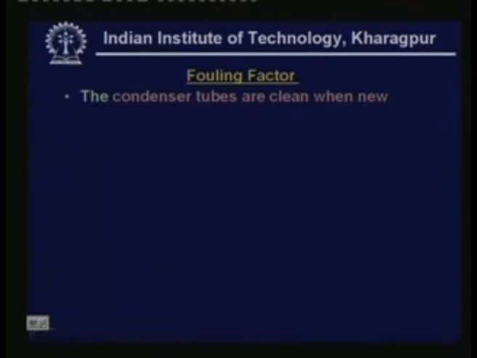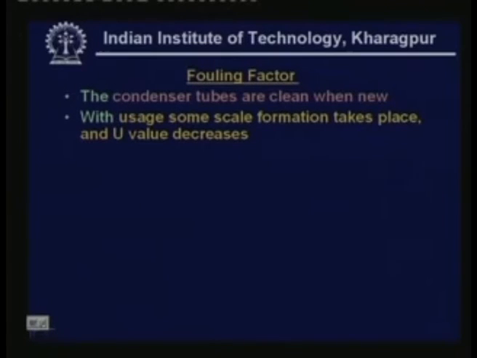The condenser tubes are clean when they are new, so the overall heat transfer coefficient will be high when it is new, but with usage some scale formation takes place. Scale formation can take place both on water side as well as on refrigerant side, but most of the time the scale formation is mainly on the water side, and as a result of the scale formation, additional resistance to heat transfer is created, and because of this the value of overall heat transfer coefficient decreases.